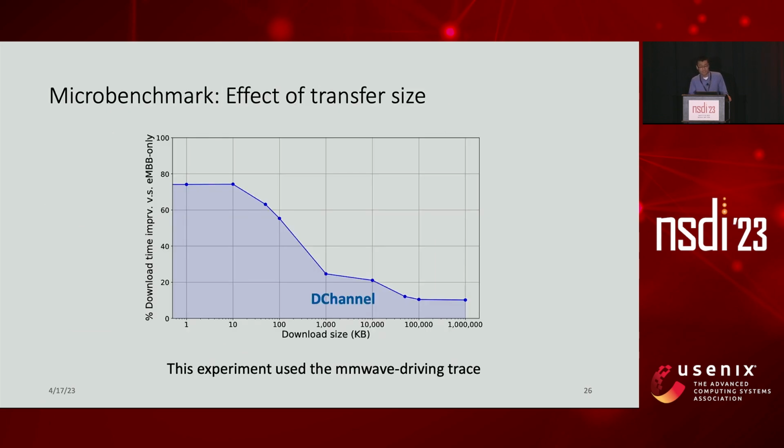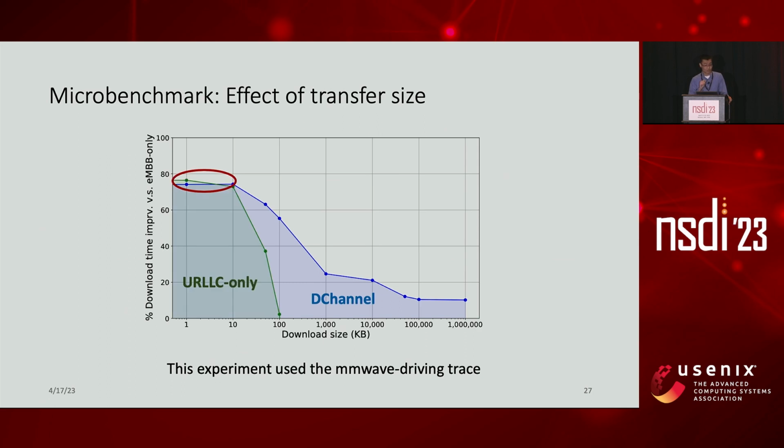So the result that we just saw was for web page load time, which includes a mix of objects and non-network related delays, such as processing delay and rendering delay. We can get some clarity on where the improvement comes from in the microbenchmark, which is transferring individual objects of a specific size. For small objects, we see the most benefit, because DChannel will most likely send all traffic to the URLLC because the traffic is small.